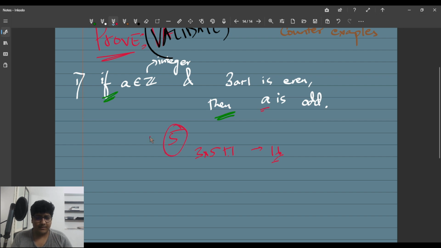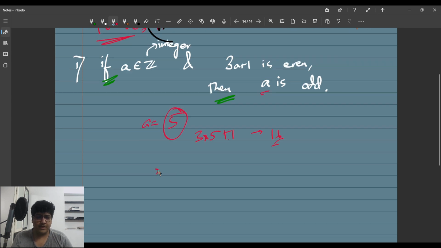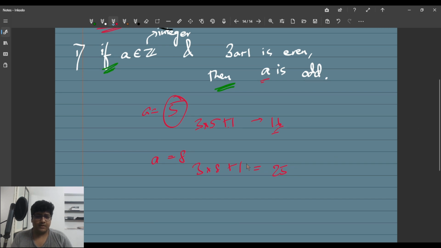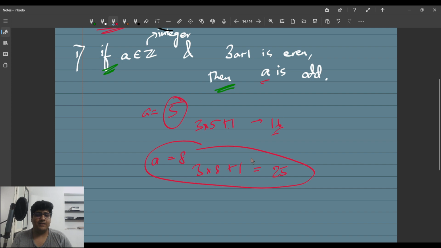Well, a is 5. Take another example, say a is equal to 8, where a is not odd. 3 into 8 plus 1 is 25, which does not satisfy our criteria, so this doesn't tell us about the statement we are making, because the statement has to have these two criteria satisfied to begin with.